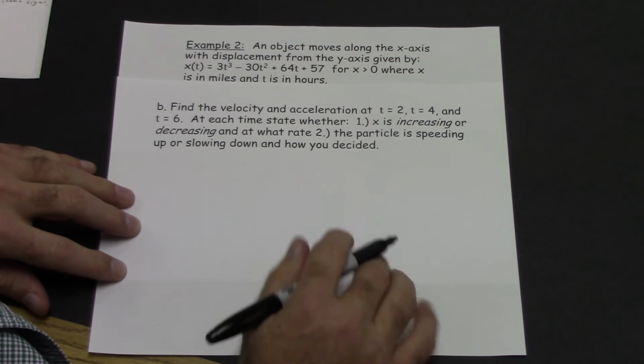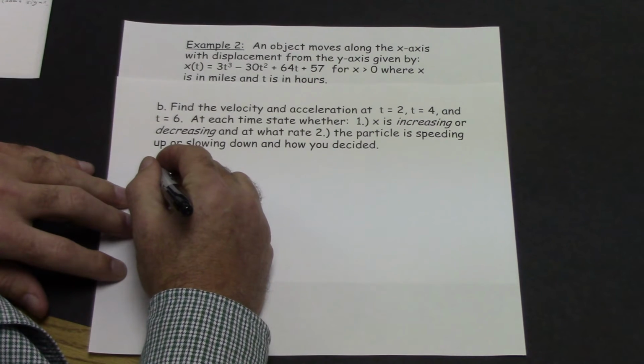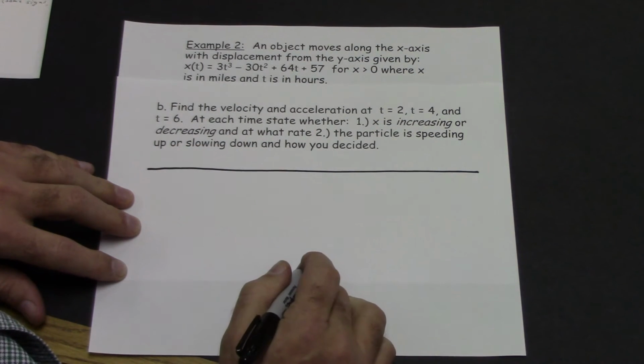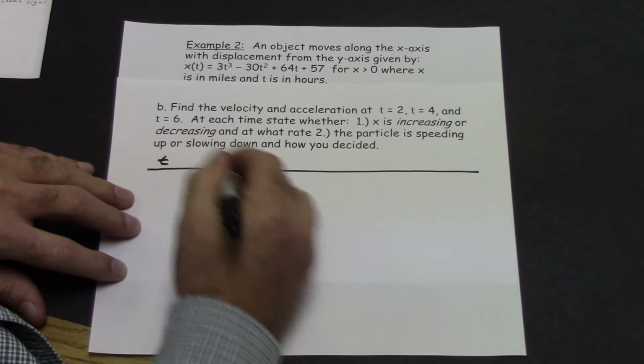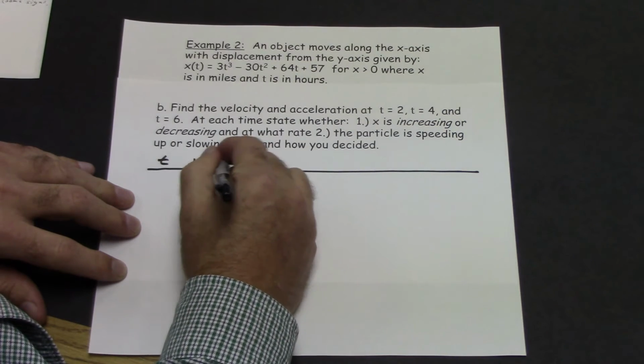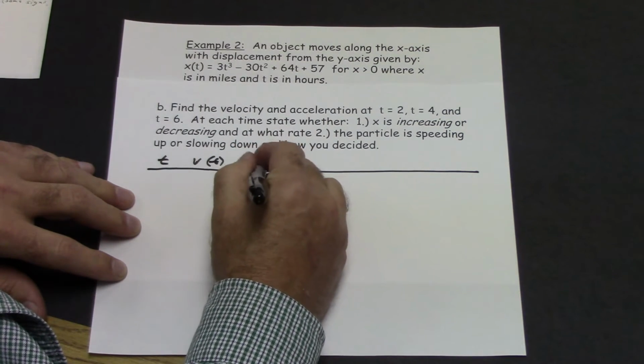To do this, I'm going to fix up a little chart. This will summarize the information quite nicely, hopefully. Let's put a column for the time, a column for the velocity, and a column for the acceleration.